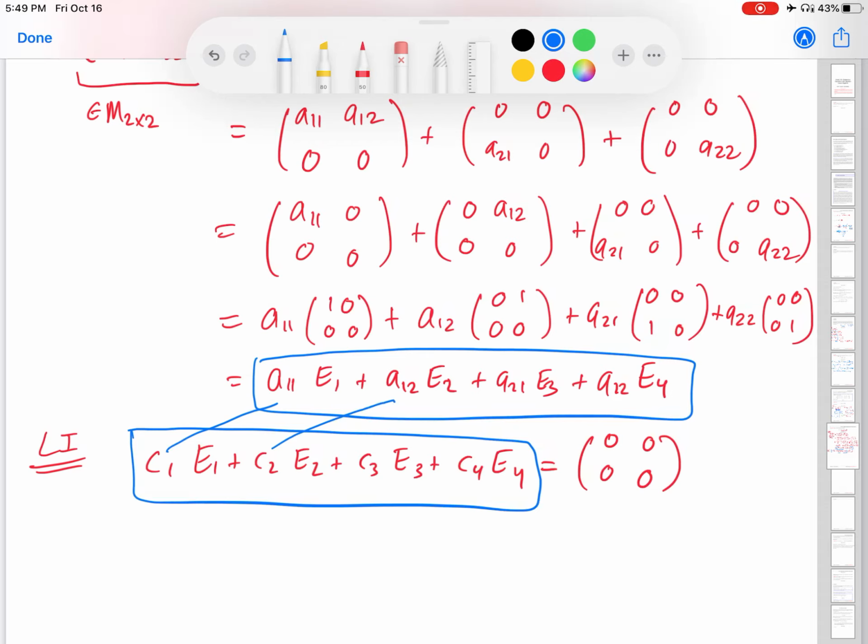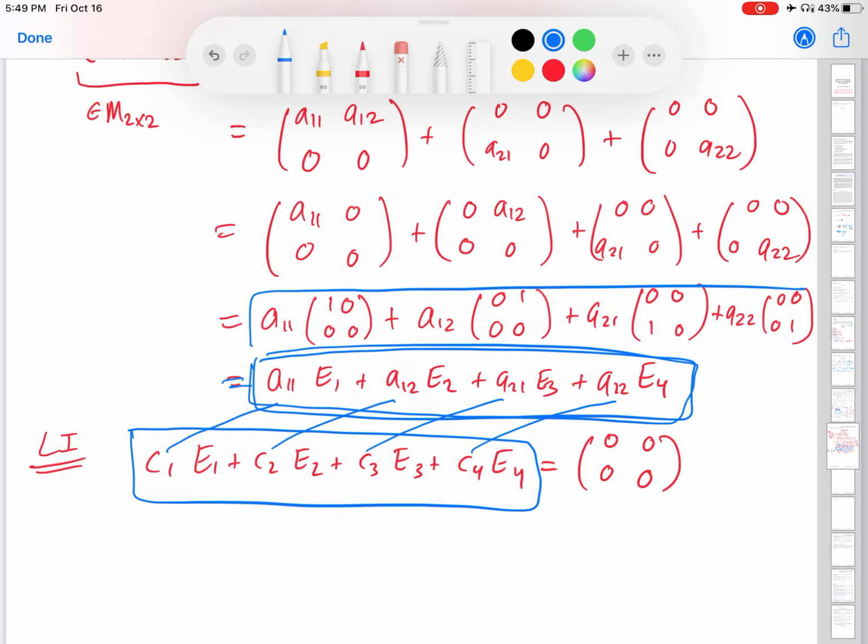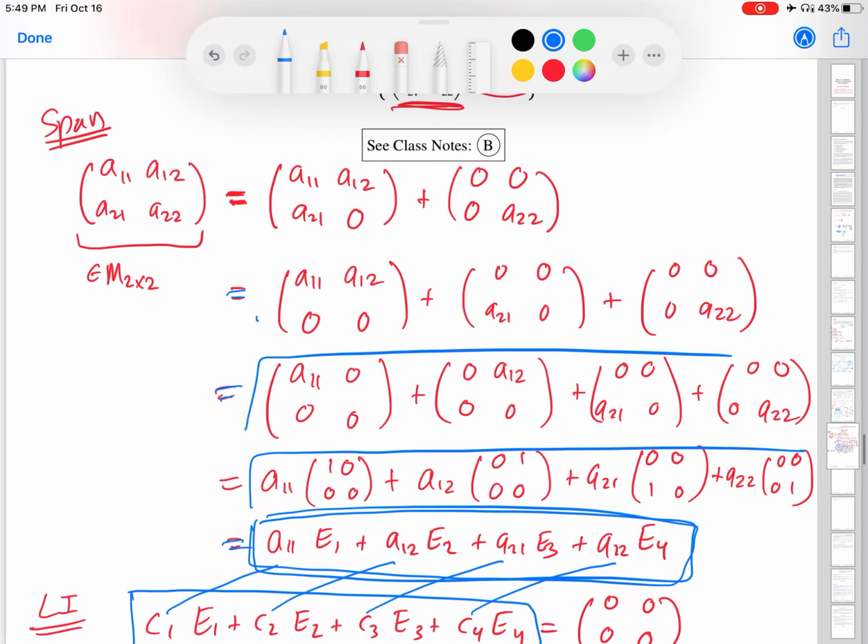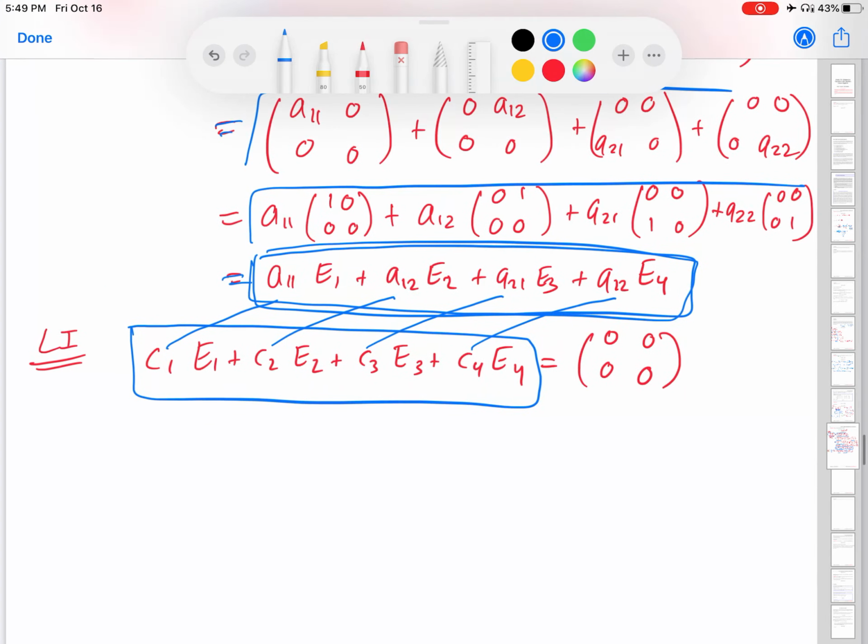C2 becomes A12, and C3 becomes that, and C4 becomes that. And this is equal to that, which is equal to that. So we just keep going. Long story short, this left-hand side literally becomes C1, C2, C3, C4.